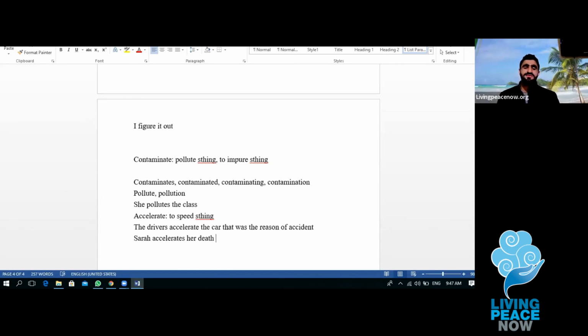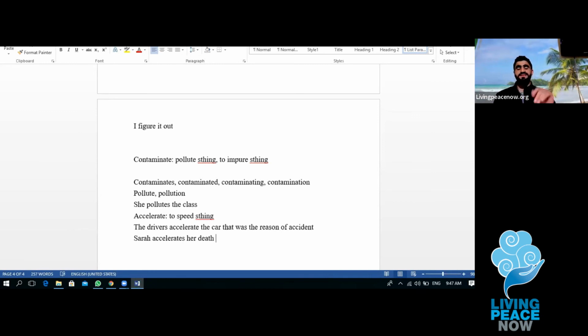Yes, you can use this word in many places. Accelerate means speed something. You can use the noun form, acceleration, and also you can say accelerator. An accelerator, for example, is a device, a tool in a car.